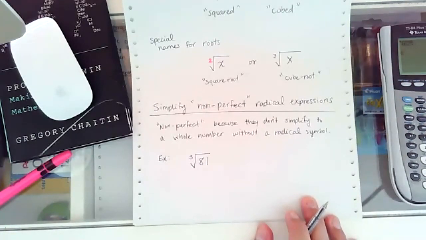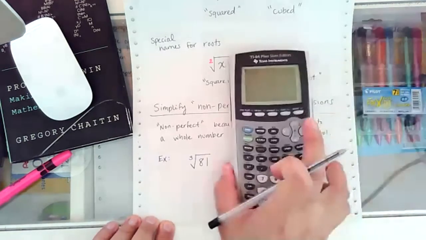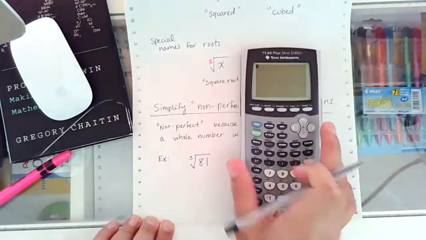Now you might think, oh, this guy must be so smart that he just knows that the cube root of 81 is not a perfect root. That's not true. I just guessed earlier, and I guessed wrong when I was using the calculator to go over one of those problems with you guys.